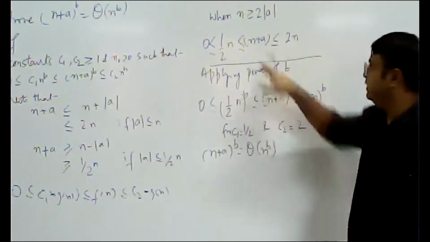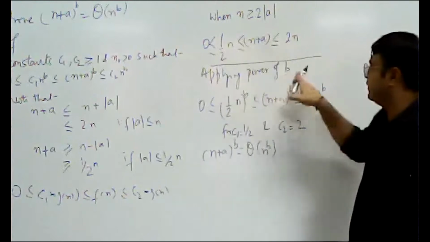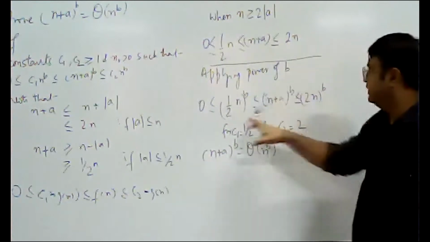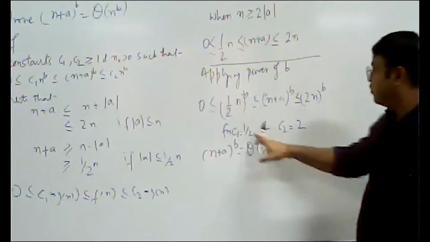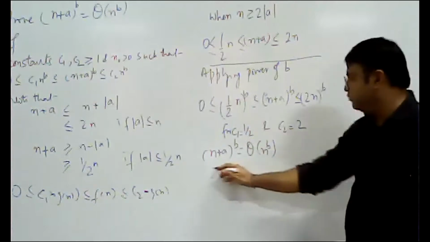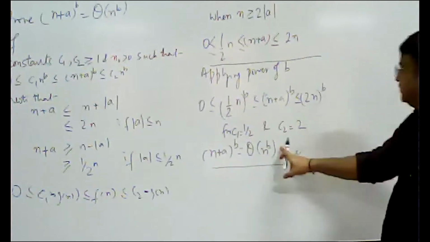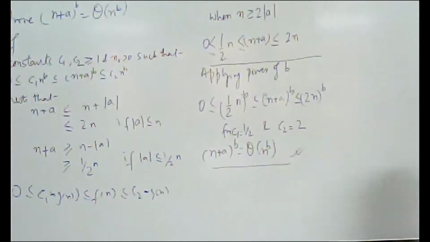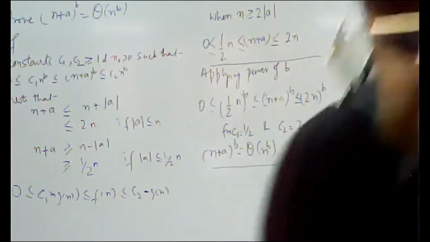And we apply the power of b, since all are non-negative, so no difference will be there. If you apply power of b, this inequality will still hold. So for 1 by 2 and 2, we can prove that (n plus a) to the power b is equal to theta of n to the power b. Okay? So note it down.